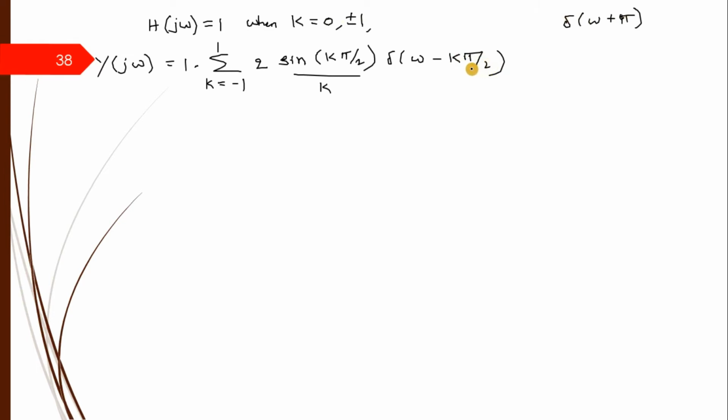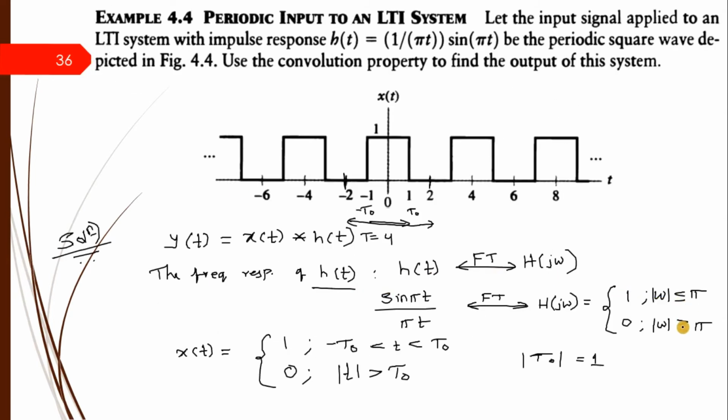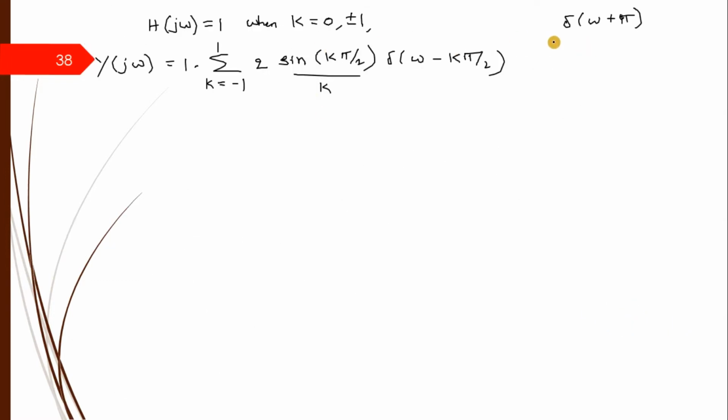Then 3 pi by 2 is greater than pi. If you substitute omega greater than pi, minus or plus, it is exceeding that limit where H of j omega goes to 0. H of j omega goes to 0 when your omega exceeds pi. So if you multiply it, the result will be 0 anyhow. Hence I am restricting myself such that omega should not exceed pi, and such ranges are k equal to 0 and plus or minus 1. So hence I have taken this.